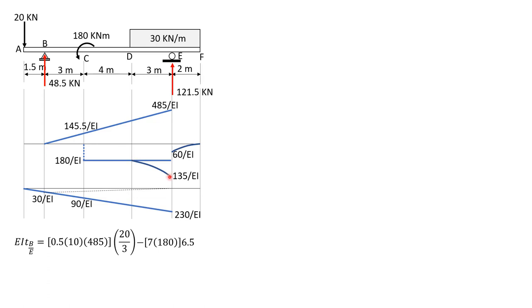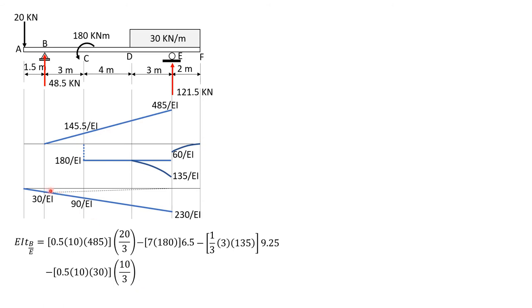And minus 1/3 of 3 times 135. Since this is 3 over 4 or 0.75, its distance from the left end from B is 9.25. So minus 1/3 of 3 times 135 times 9.25. Then considering this small triangle, minus 0.5 of 10 times 30 times 10/3.